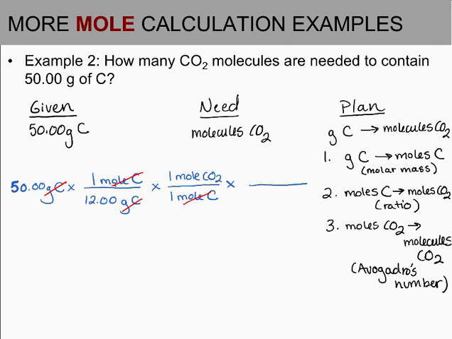And in the last step, we want to convert moles of carbon dioxide to molecules of carbon dioxide. And we're going to use Avogadro's number to do that. So we can put in Avogadro's number, and that is going to be molecules of CO2, and we're going to divide by 1 mole of CO2.